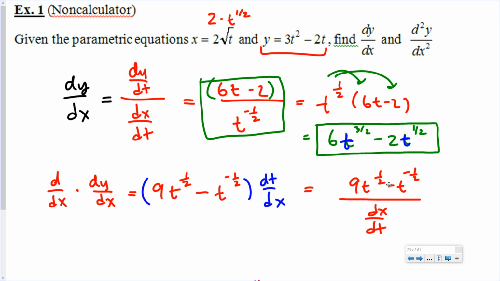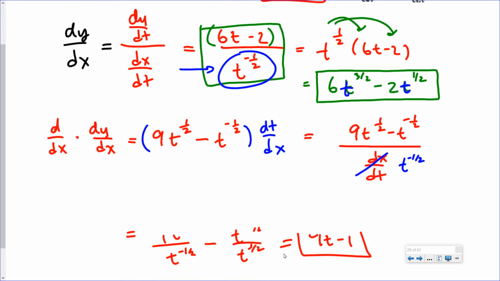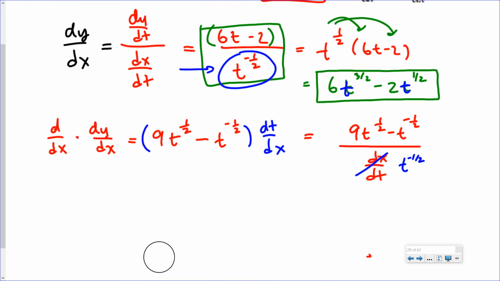So this is the same as this. Well, do I know what dx/dt is? Right here, that's the derivative of x. Actually, I've already done it, right? It's right here. So this is really the same as t to the negative 1/2 down here. And this is my answer. I'm just going to simplify it. You don't really have to simplify, but it turns out this is not hard to simplify. It's a common denominator.